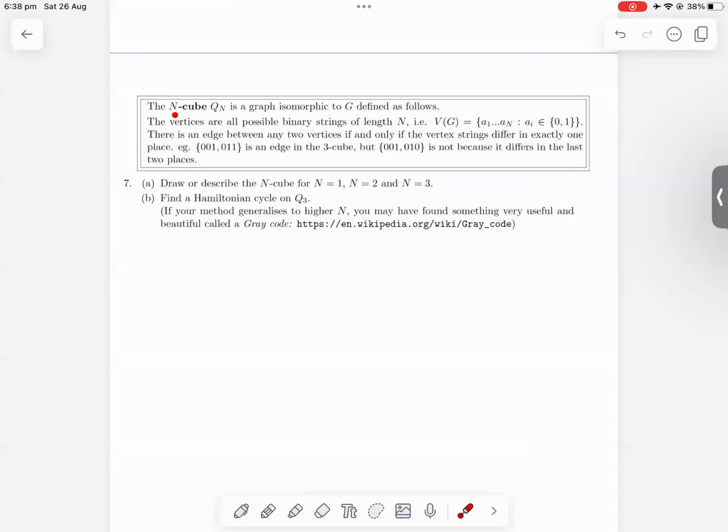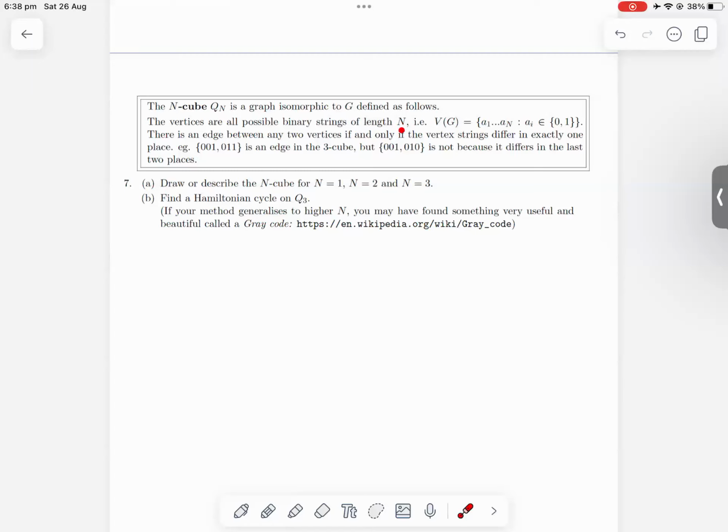So the interesting graph is this one that I made in the previous question. The n-cube Qn is a graph isomorphic to G, defined as follows. The vertices are all possible binary strings. The vertices will be labeled by binary strings, and the length of the binary strings depends on the number of vertices.